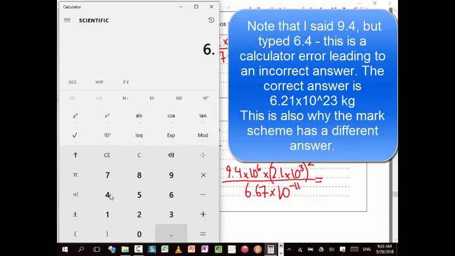So 9.4 times 10 to the 6 times 2.1 times 10 to the 3 squared divided by 6.67 times 10 to the negative 11 gives us, whoa, okay, what's that? 3, 6, 9, 12, 15, 18, 21, 4.23 times 10 to the 23.